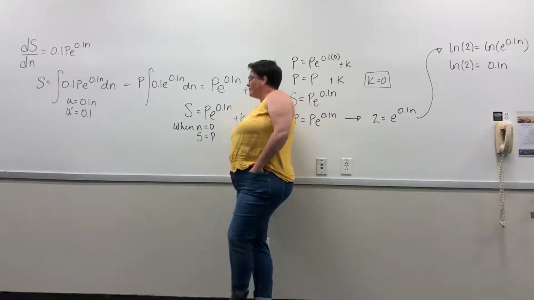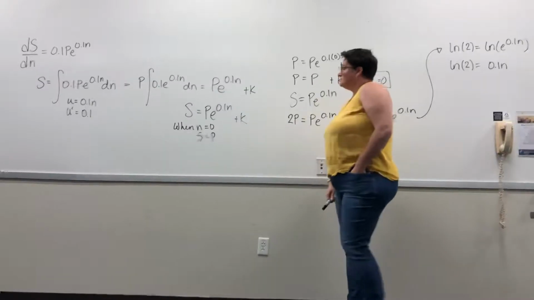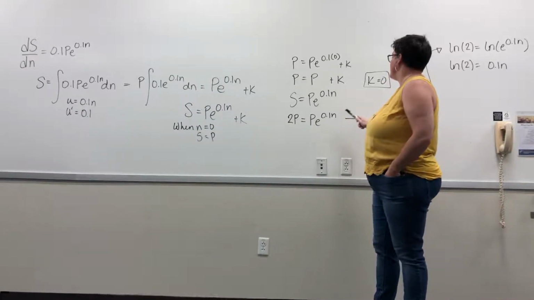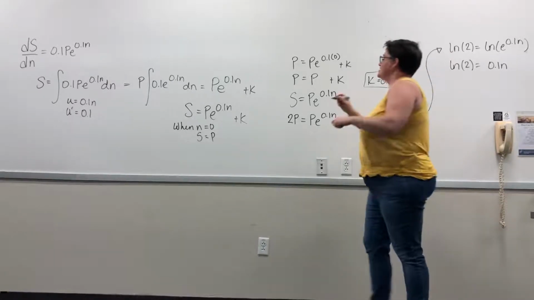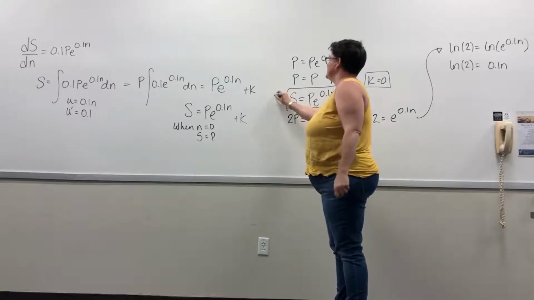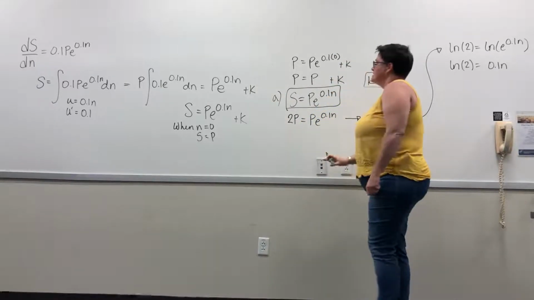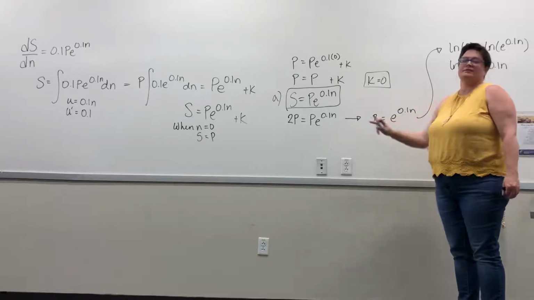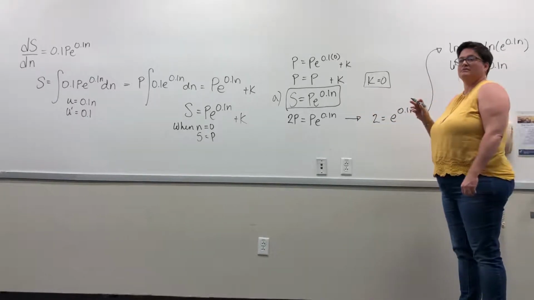The second part was asking when your money would be doubled. This is the end of part A, and part B is, how long would it take to double? So now we're solving for n. Where did the P go?